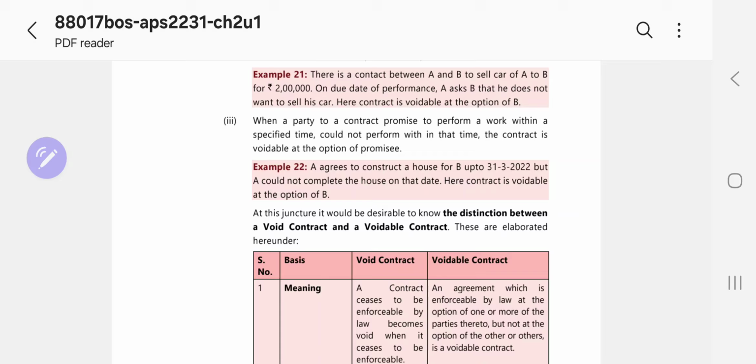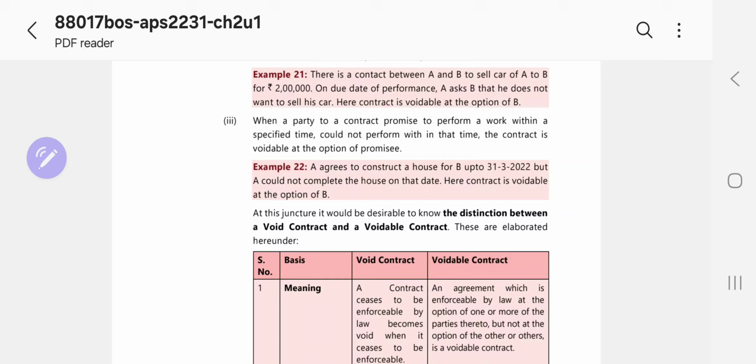On the day of performance, when A should have sold his car to B, A refuses to sell the car. In that case, the contract is voidable at the option of B.